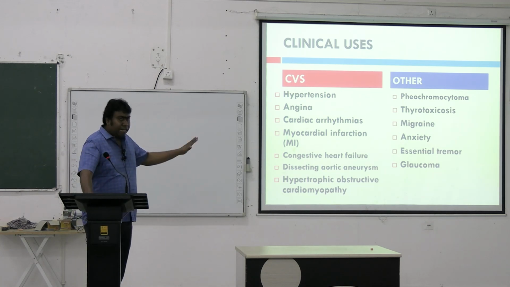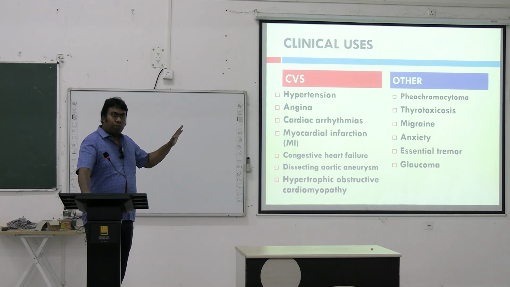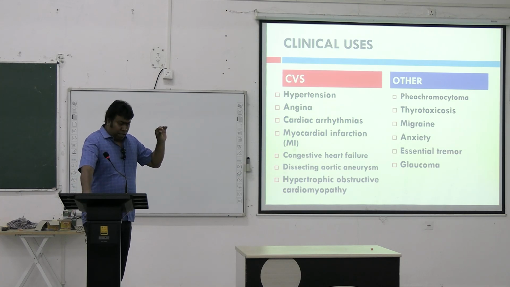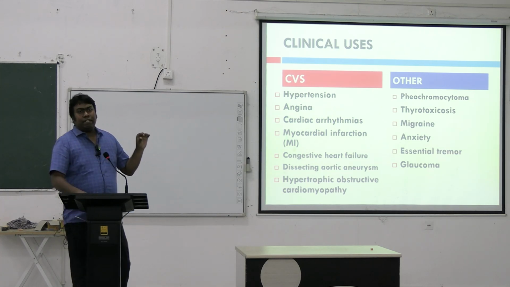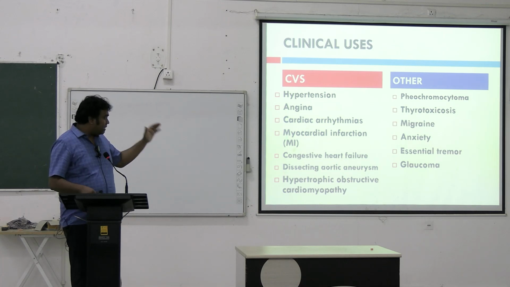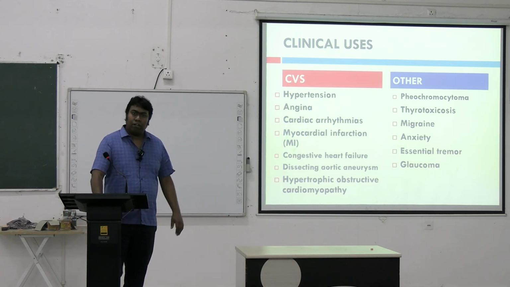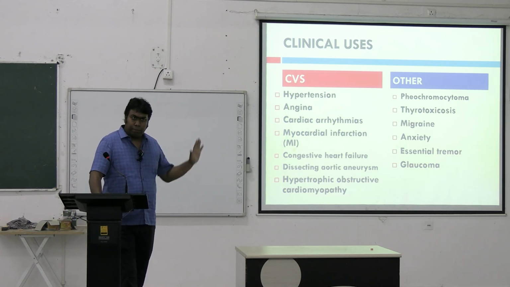Then migraine, beta 2 blocking, cranial vessel dilation will be less, anxiety, essential tremor and glaucoma. Clear এই পর্যন্ত?